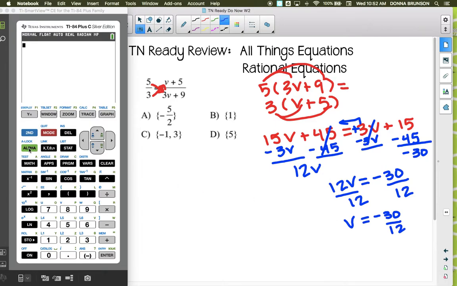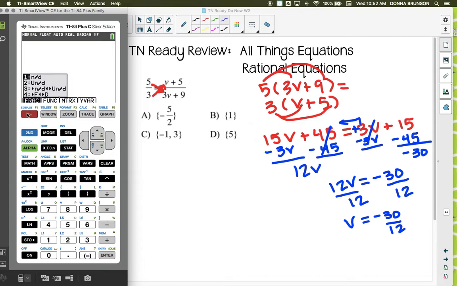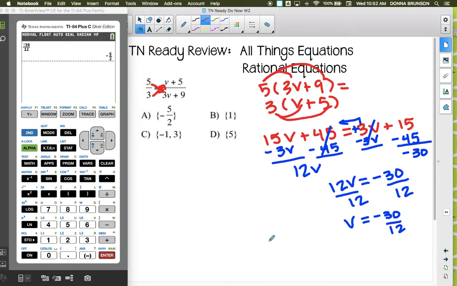So when I go into my calculator, I'm going to hit alpha y equals. I'm going to choose option number 1, and I'm going to type it in. And I get negative 5 over 2. So v is equal to negative 5 over 2, or negative 5 halves. And so A is my answer choice.